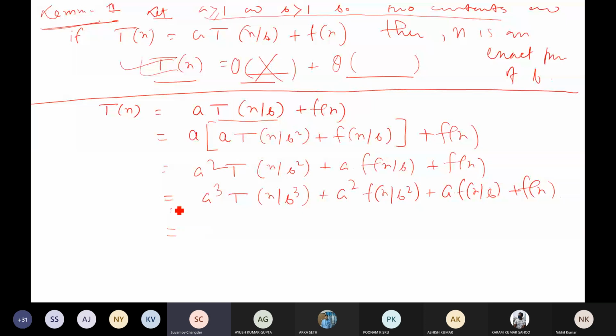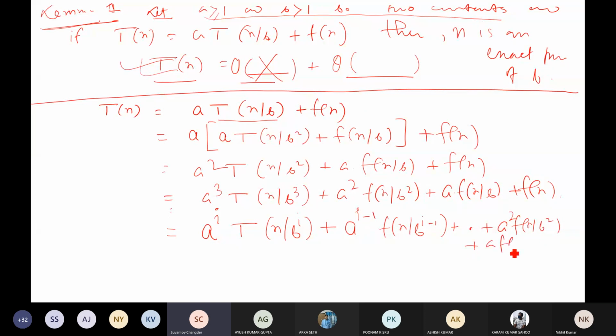Then if we go on iterating up to the ith term, what will we get? a^i T(n/b^i) plus a^(i-1) f(n/b^(i-1)) plus up to a² f(n/b²) plus a·f(n/b) plus f(n). So we can write the ith iteration as this.